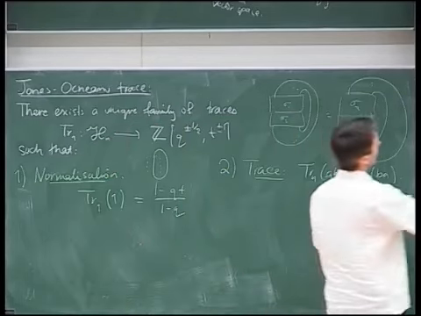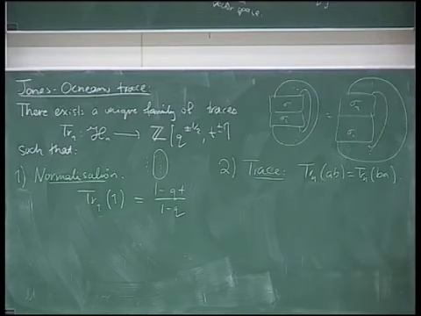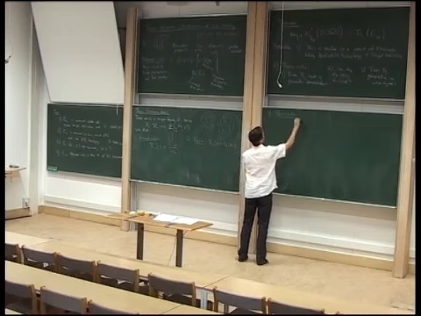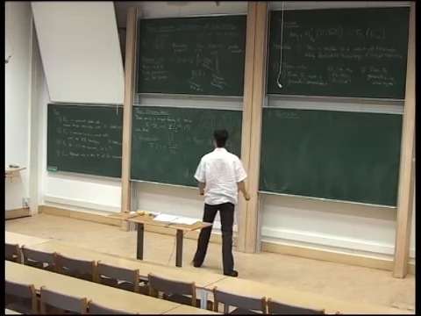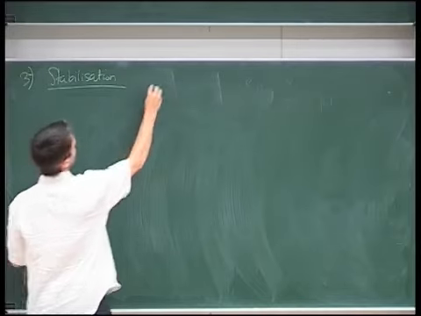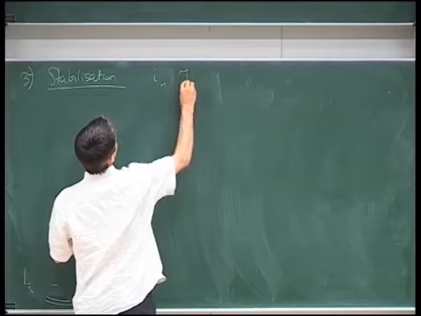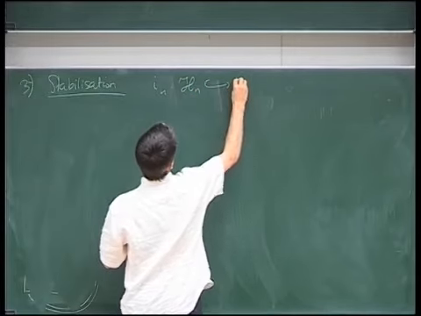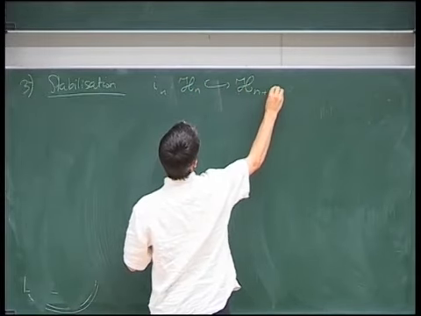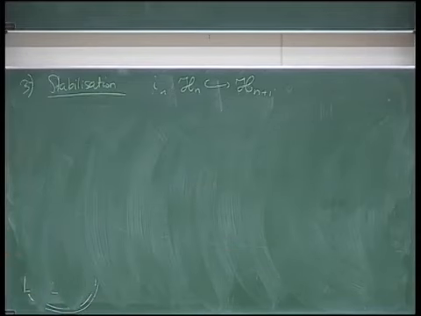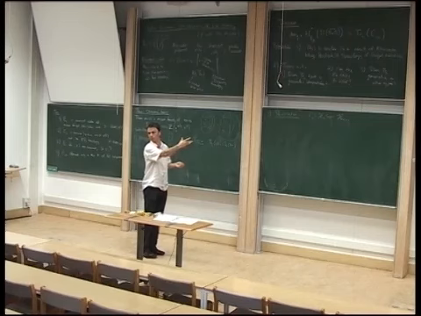The third thing is stabilization, which I mentioned before. So this has two parts. So we have an inclusion from the nth Hecke algebra, and you want to relate the traces on the nth and the (n+1)th Hecke algebra.